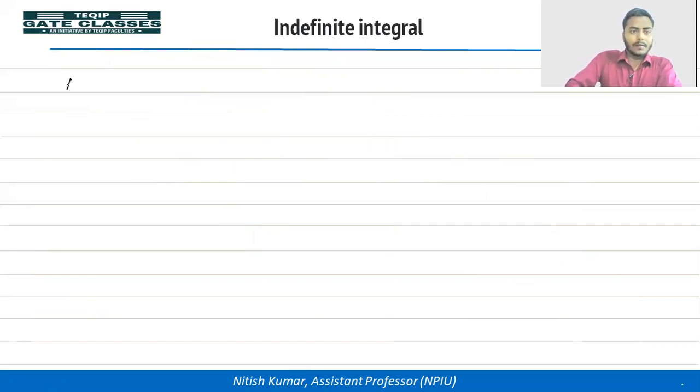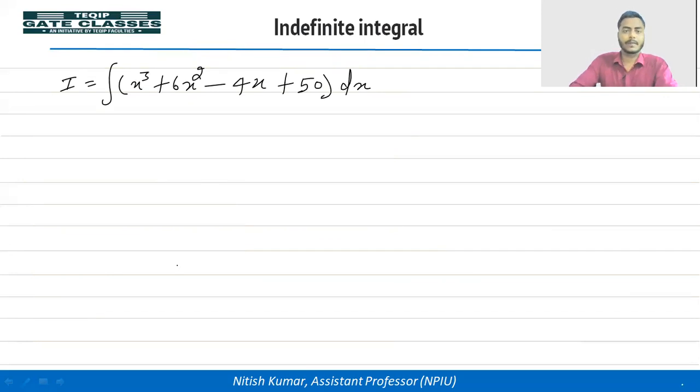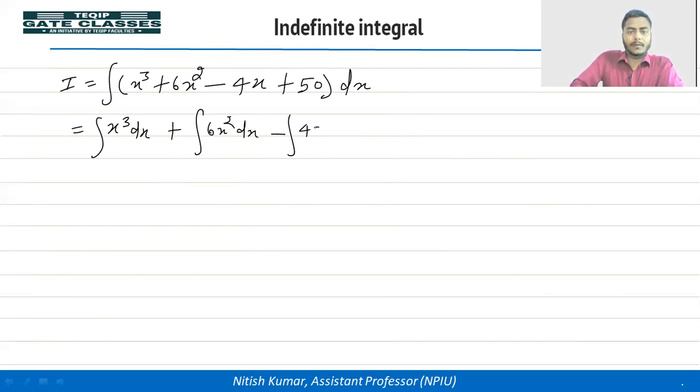So take one more example for this. I is equal to integration of x to the power 3 plus 6x square minus 4x plus 50 with respect to x. We can write integration of x cube with respect to x, plus integration of 6x square, minus integration of 4x, plus integration of 50 with respect to x.